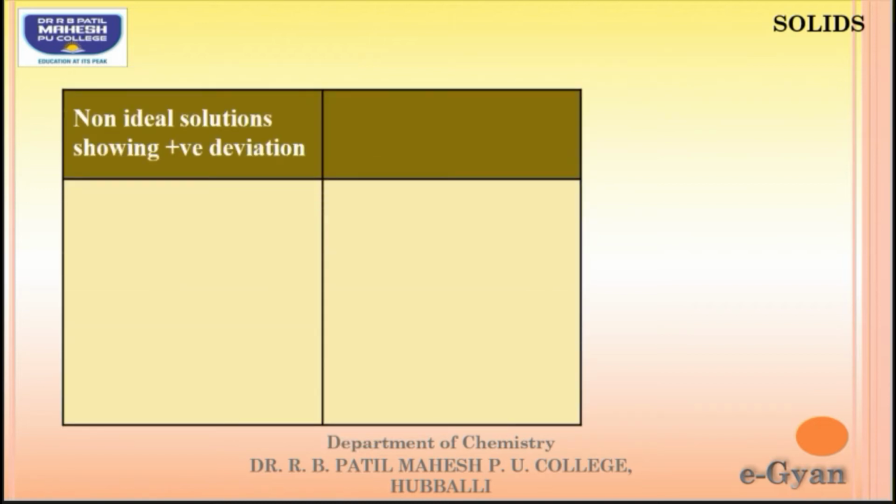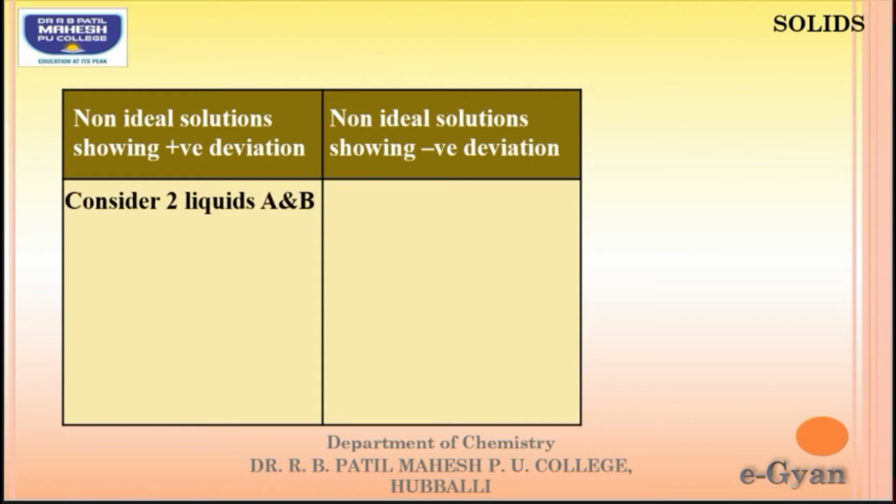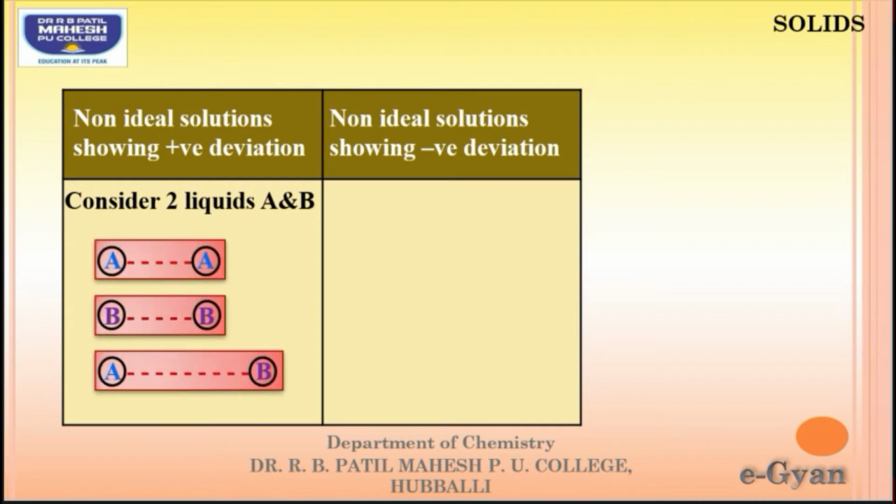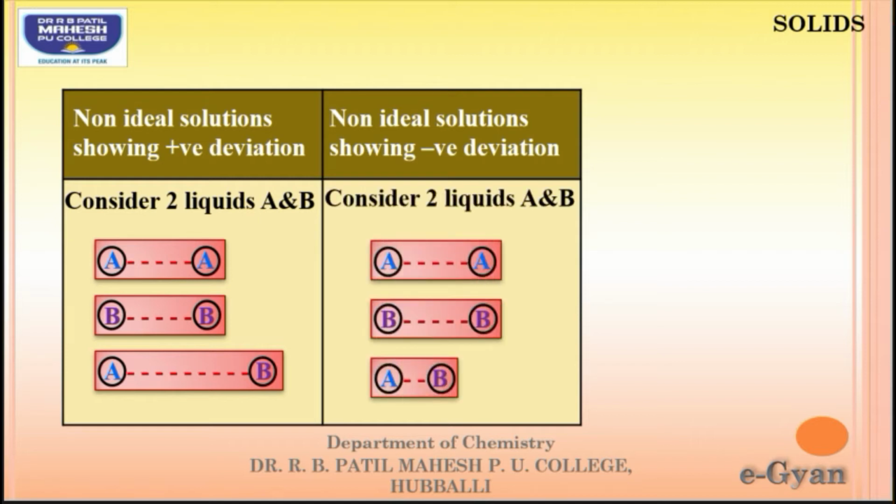Let us see the difference between the non-ideal solutions showing positive and negative deviation. Consider two liquids A and B. If the interaction between them is different, where the molecules will be very far away from each other, that means the force of attraction is less.